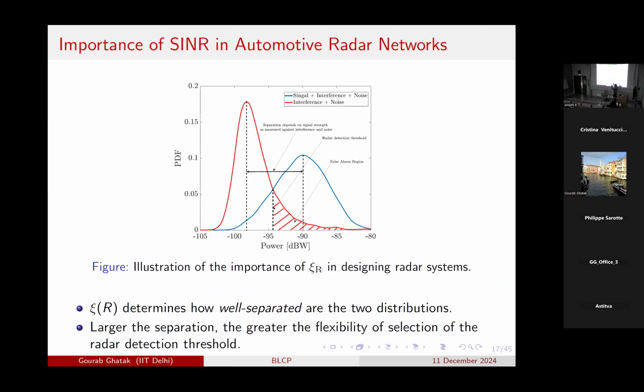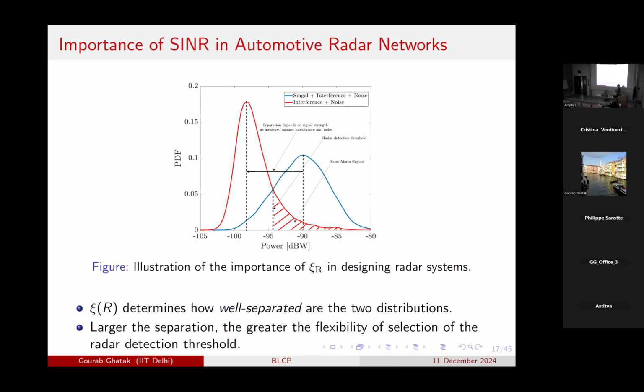These PDFs are because of the randomness of interference as well as the signal. The signal is because of the fluctuating cross section, and the interference is because of the fadings. Across time instances, independent PDFs come up. So in how many successive such realizations do I have well separated plots? The more well separated, the more flexibility you have in improving the detection probability while maintaining the same false alarm rate.